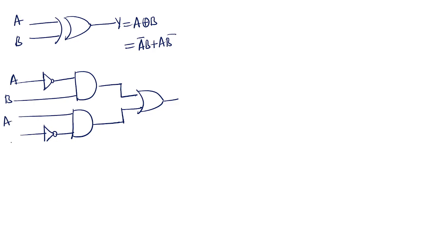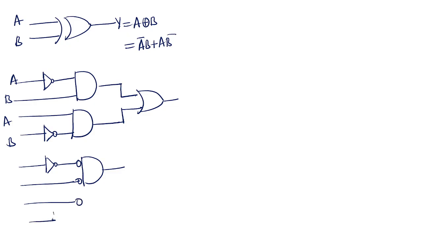Okay, A, B. And next, what is the next step? Wherever the AND gates are there, you need to add the bubble at the input side, and here also you need to add the bubble at the input side. And next OR gate, you need to add the bubble at the output side.